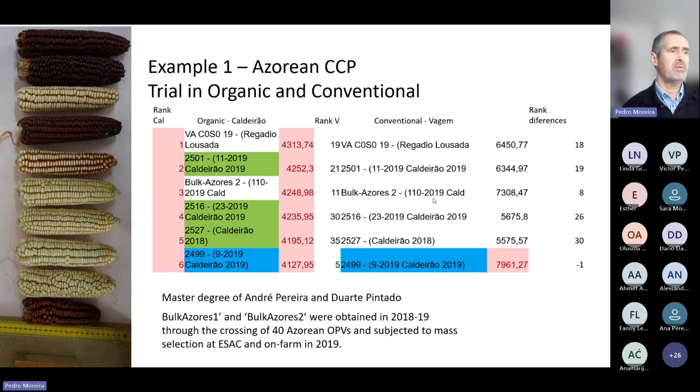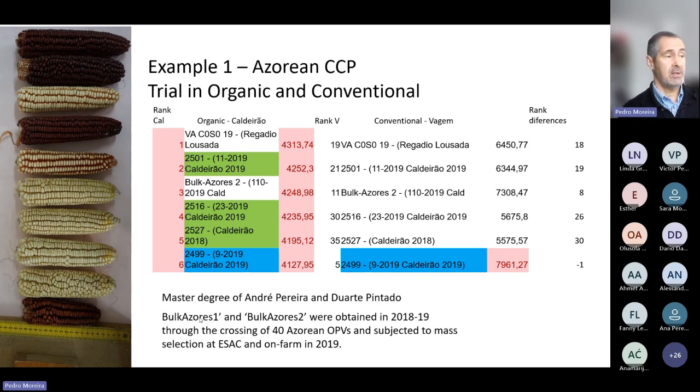That was not very bad, and indicates that there was some stability of this bulk. These populations were studied mainly in the master's degree of Pereira and White Pintado.